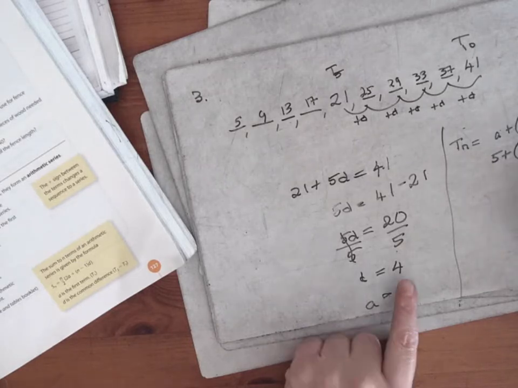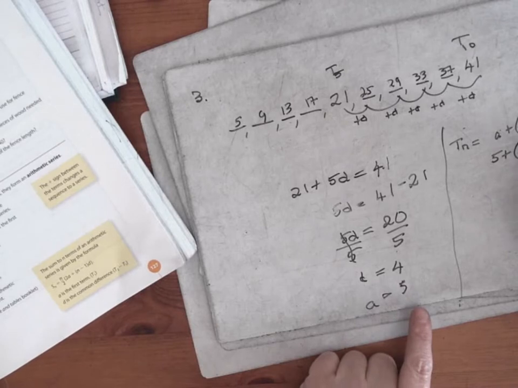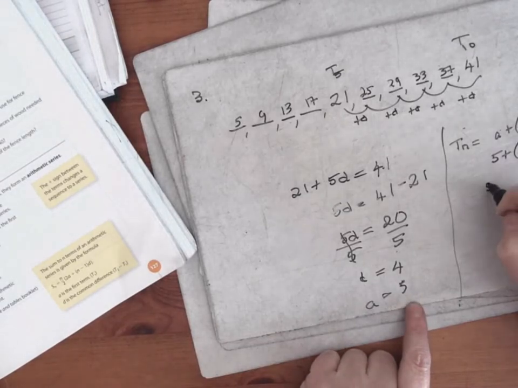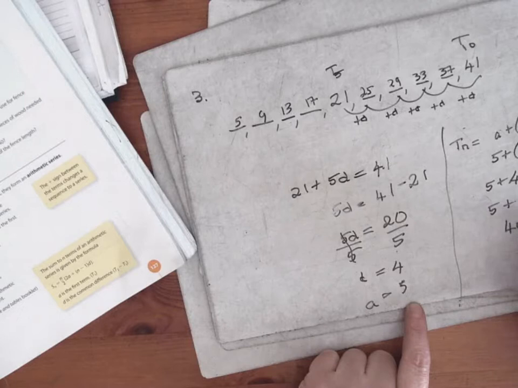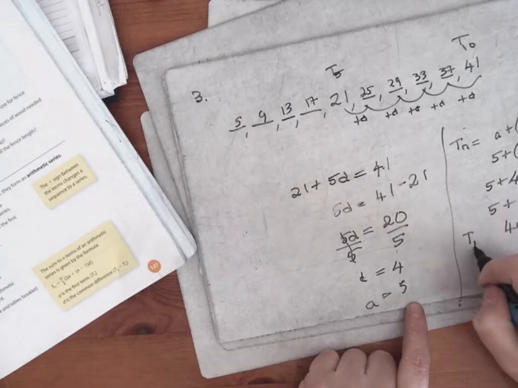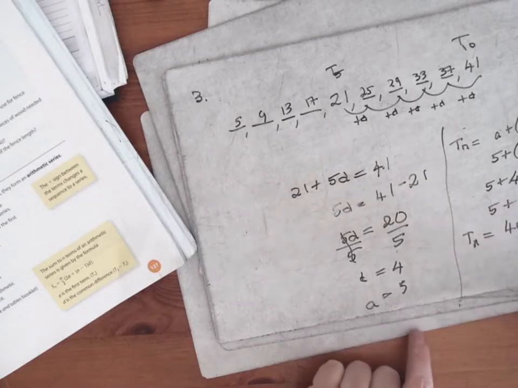D is 4. Then just put the 4 in the front, so you remember to multiply everything in the bracket by the 4. So that's 5 plus 4n minus 4. So that's 4n plus 1. So that's what Tn equals, 4n plus 1.